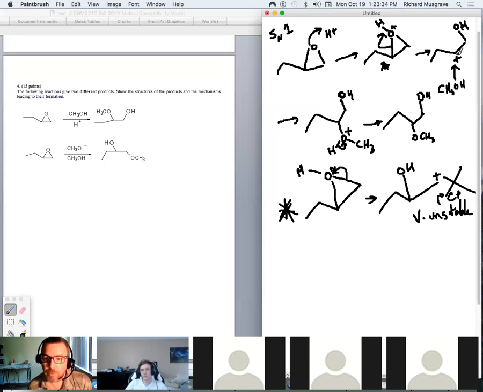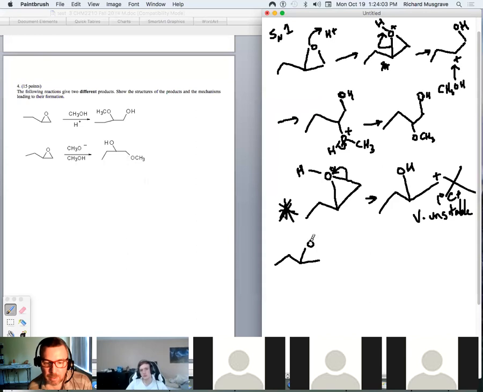Now we know from the question where the alcohol attacked. It attacks where I've got the cursor here, because that's where it ended up attaching. So we know that's where it attacks, and that helps us with the mechanism as well. Look where the OCH3 is attached in the other example. It's attached off the end. That gives us a clue as to what's going on as well.